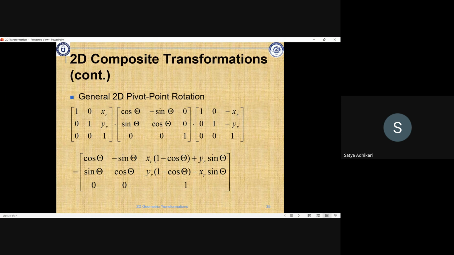I use three transformation operations one by one, but you need not perform them one by one. You only have to apply the resultant matrix to get the output: cos theta, minus sin theta, xr(1 minus cos theta) plus yr sin theta; sin theta, cos theta, yr(1 minus cos theta) minus xr sin theta; then 0, 0, 1.